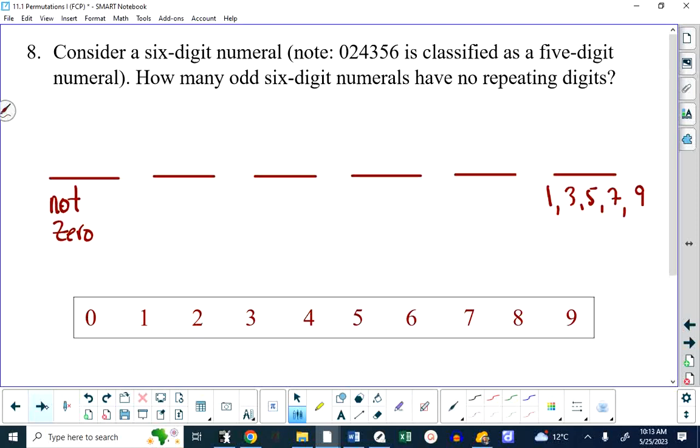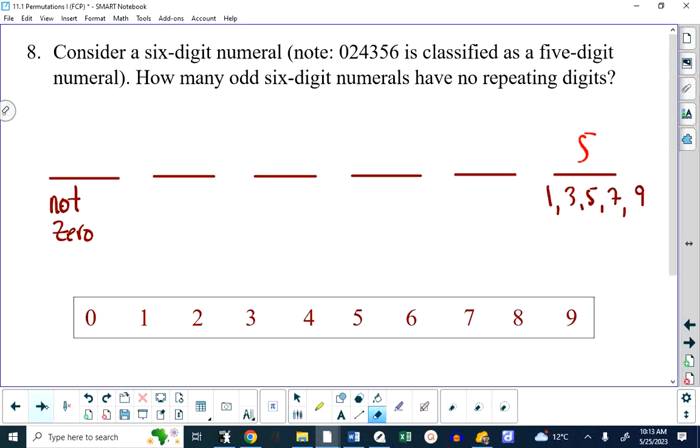We need to end in 1, 3, 5, 7, or 9. Okay? So we do our restrictions first. And luckily, there's no conflict between the restriction in the first blank and the restriction in the last. If I said it had to be even, that's tricky. Here, there are 5 options.